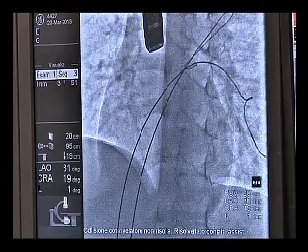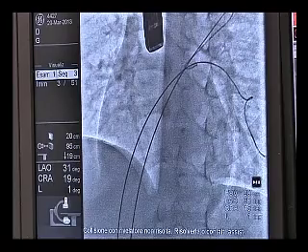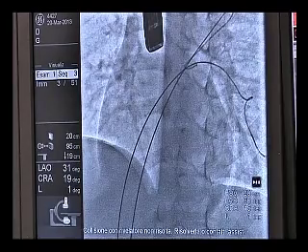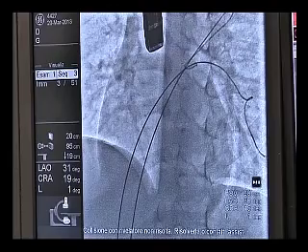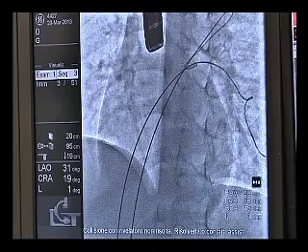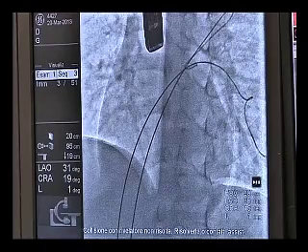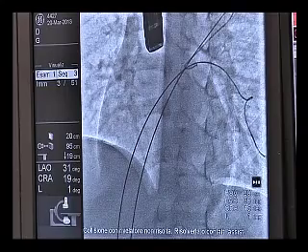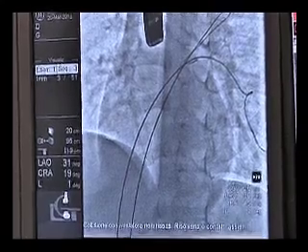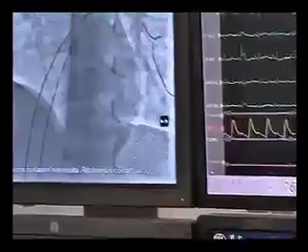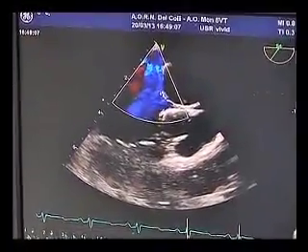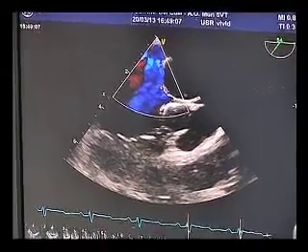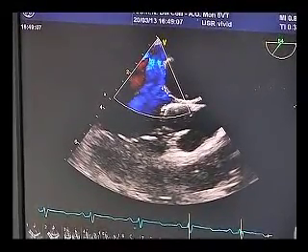In our opinion, it's better to use a standard ASO Amplatzer device, even in the smallest holes, in order to stretch the hole and to compress the other ones that are in the near position. So we decided to use two different devices for the two groups of holes. Right, and two standard devices.